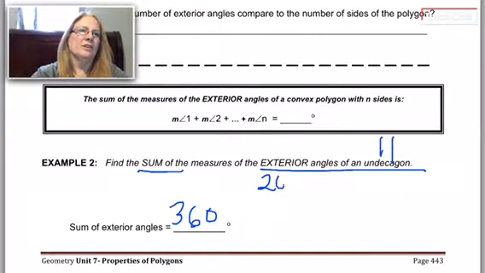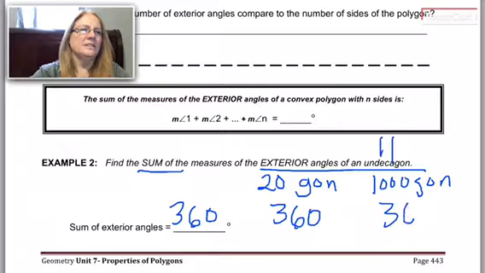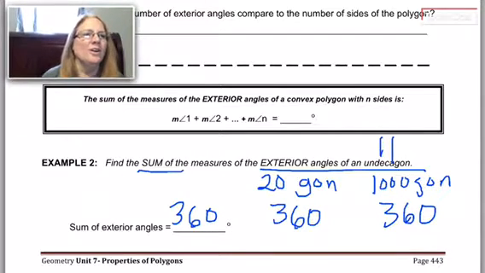If you ask for the sum of the exterior angles of a 20-gon, it's 360. A 1000-gon, it's 360. I probably couldn't draw a polygon with 1,000 sides and show you the angles, but it doesn't matter how many there are. It's going to be 360 degrees.